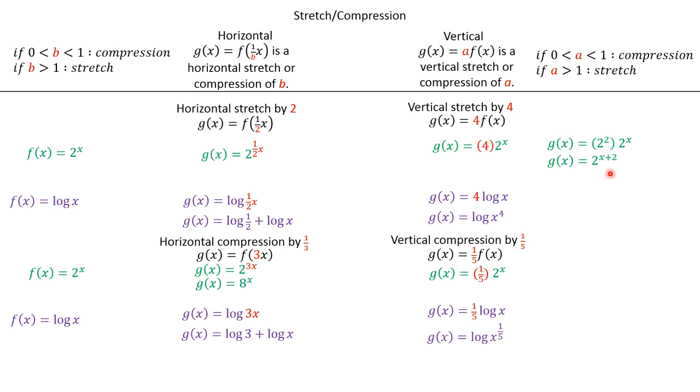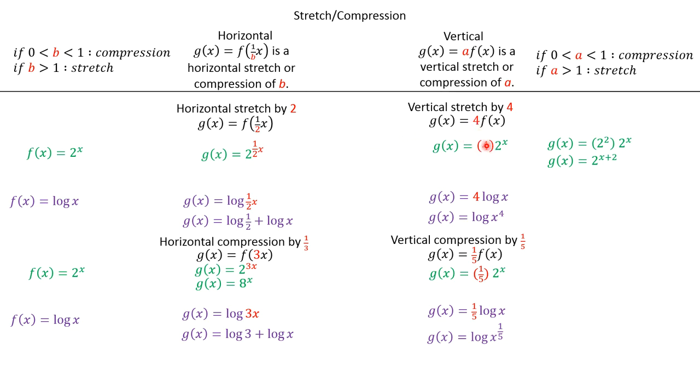Well, what kind of a transformation is that, where we're adding a number to the x up here in the exponent? Yeah, that would be a horizontal translation, again, from the last slide. So a vertical stretch of an exponential function is the same as a horizontal translation of an exponential function.